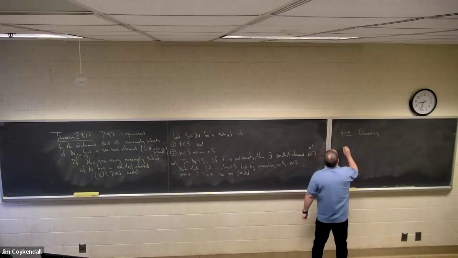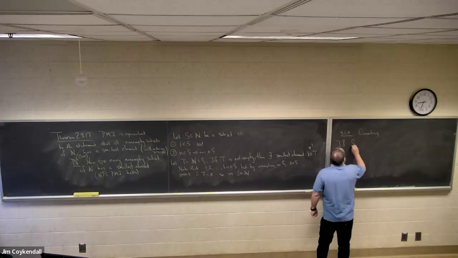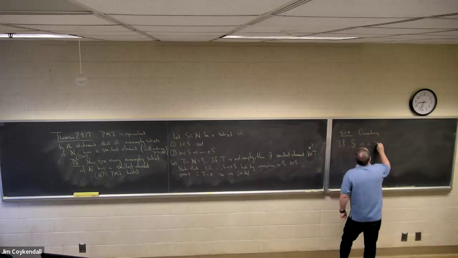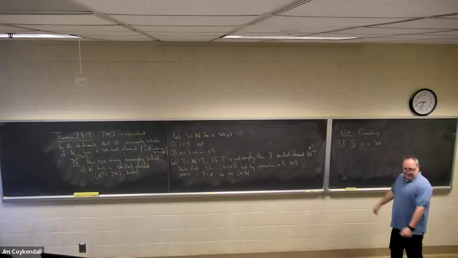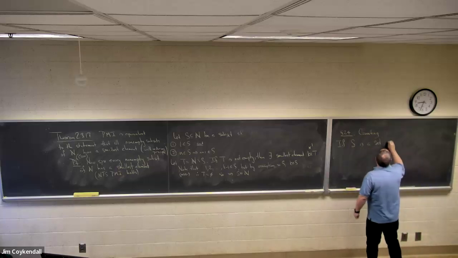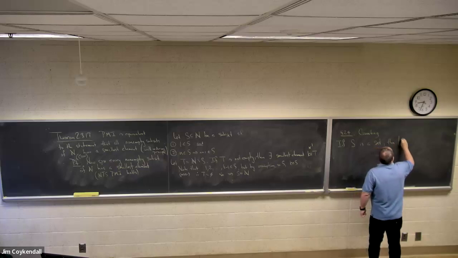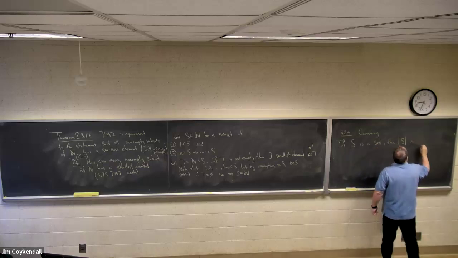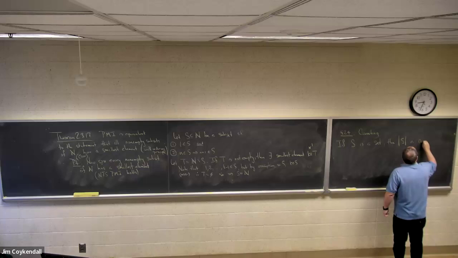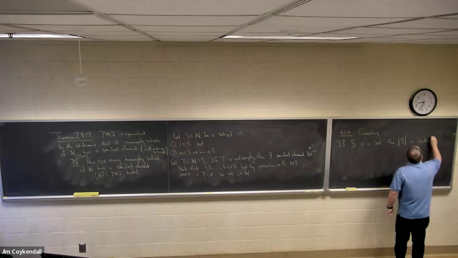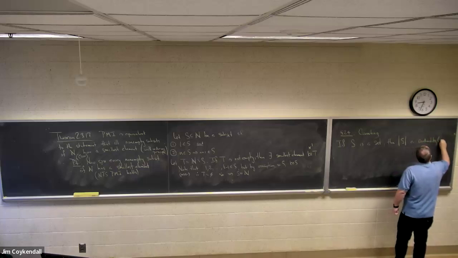So let me recall this notation. If S is a set, this collection of things, then |S| is its cardinality, sometimes called the order of the set.